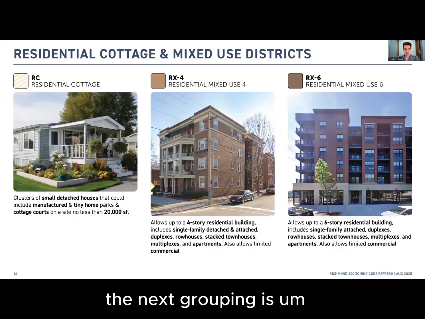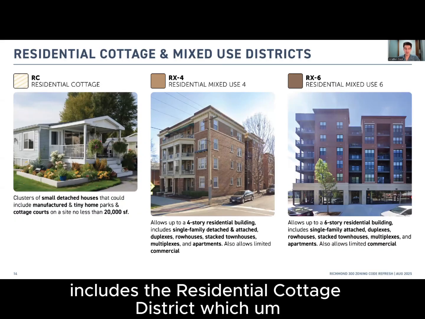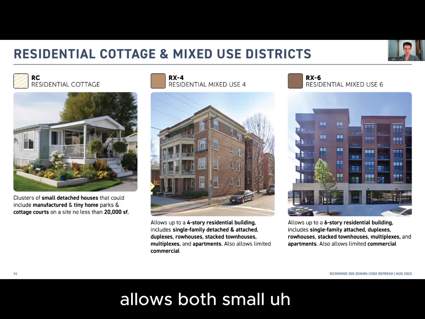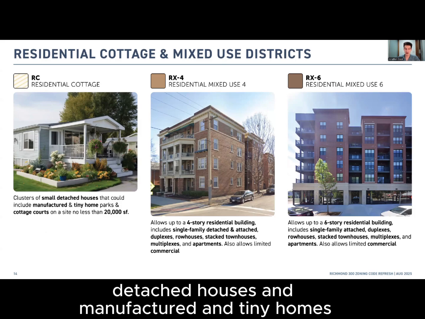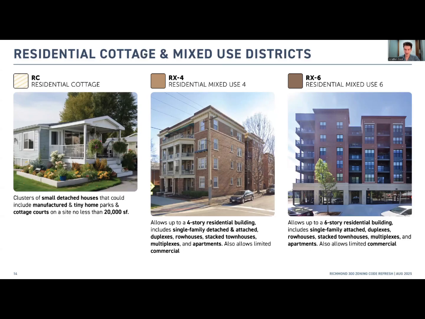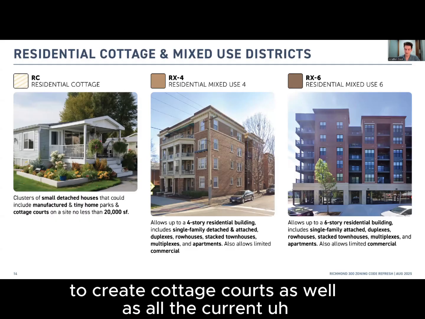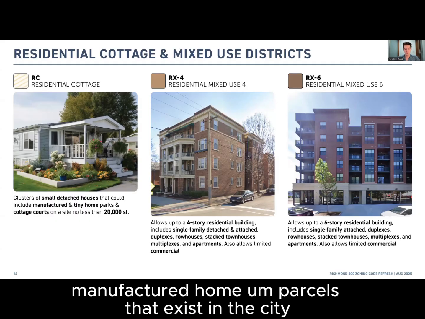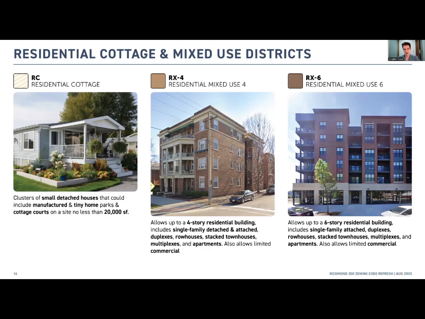The next grouping includes the residential cottage district, which allows both small detached houses and manufactured and tiny homes on a single lot, no less than 20,000 square feet. And this is to create cottage courts as well as the current manufactured home parcels that exist in the city.